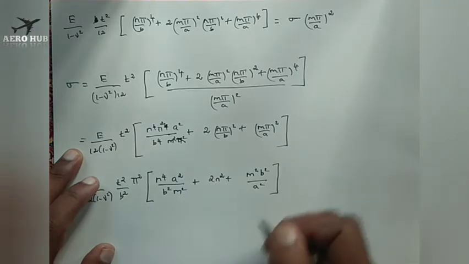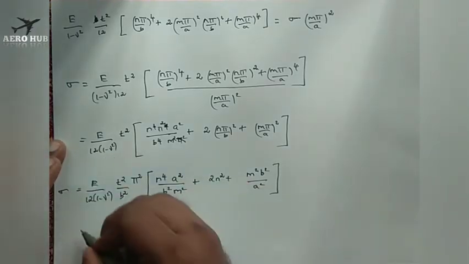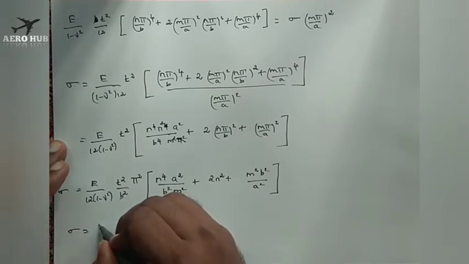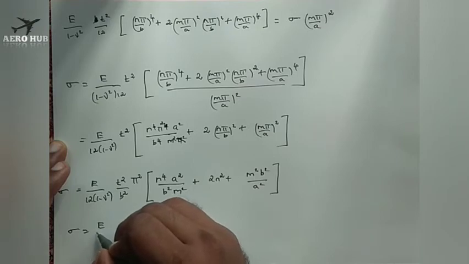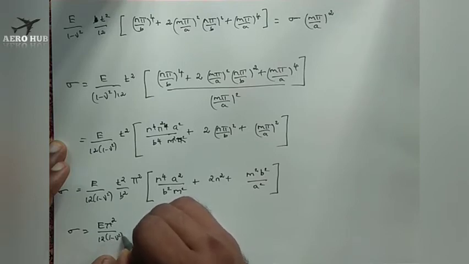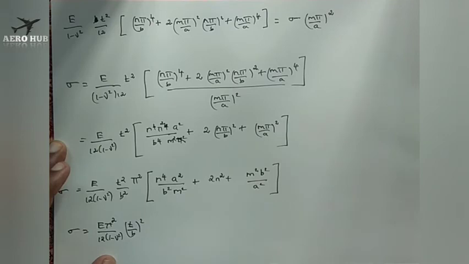Okay, so this is one of the important equations. So I can write sigma is equal to E pi square by 12 into 1 minus mu square, t by b the whole square.